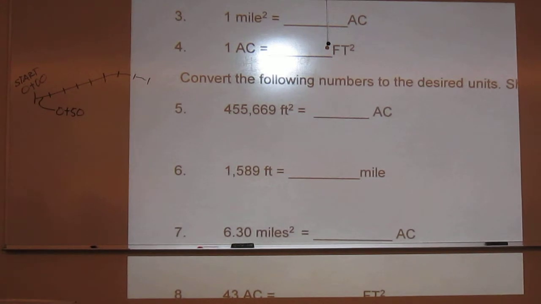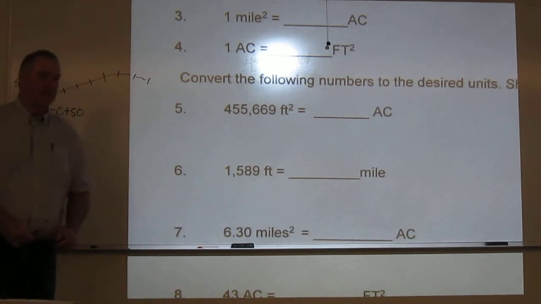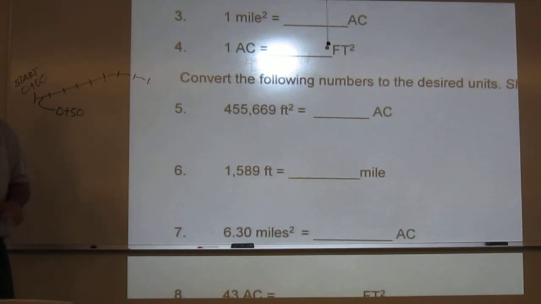Real standard calculation we do in civil is number 5. So let's all do number 5 and see what we get for an answer. AC, acre? AC is the abbreviation for acre. Feel free to use your conversion chart.